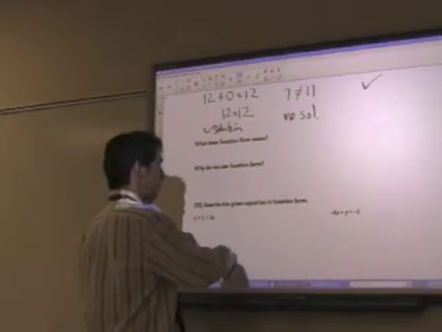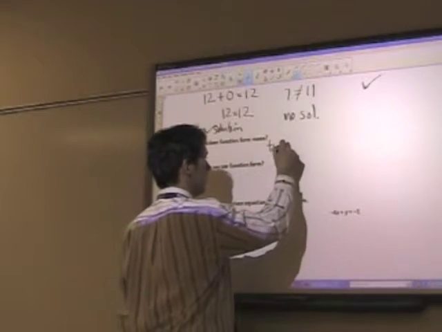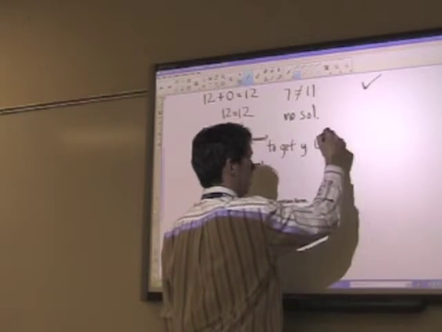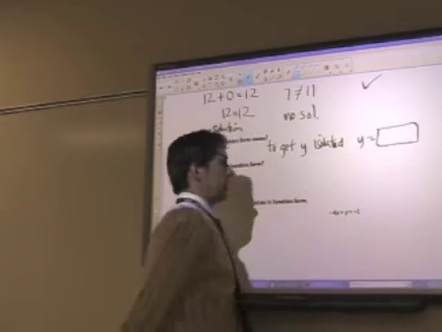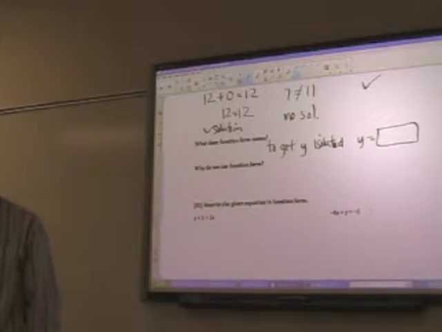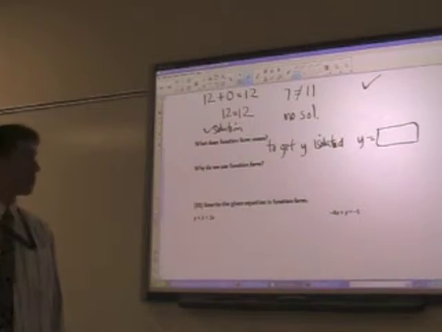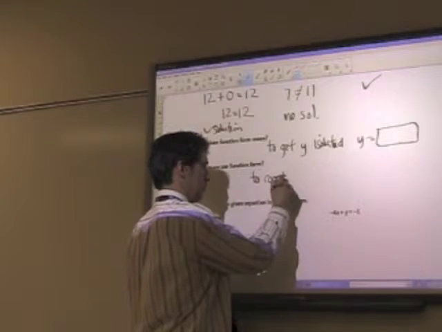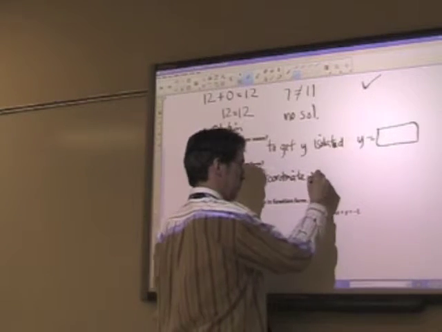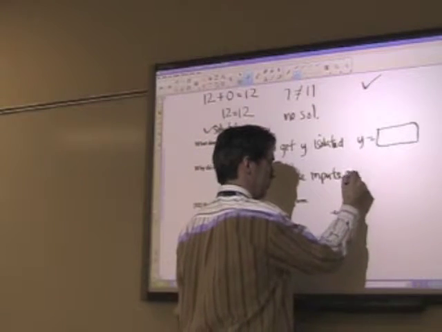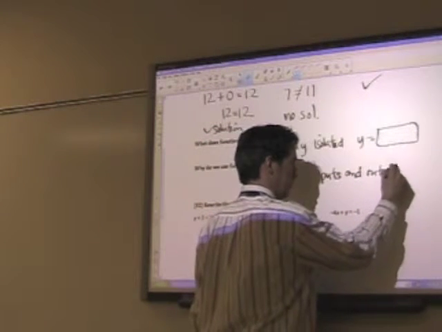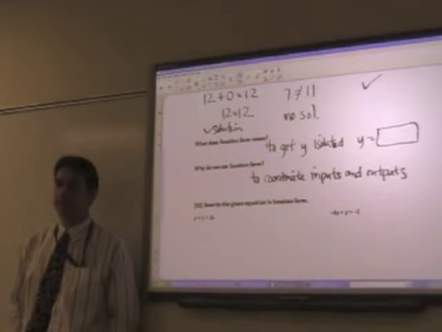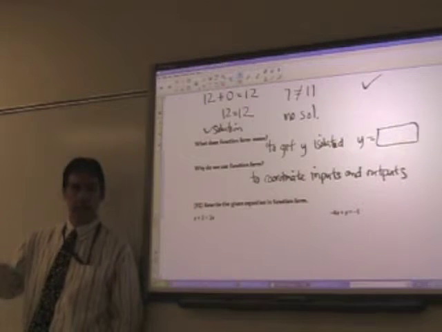What does function form mean? Equals y. That's kind of the idea. To get y isolated, y equals some stuff. That's what function form is. And we need function form so we can figure out our outputs. I put in something, I chug it, and it spits out the y.